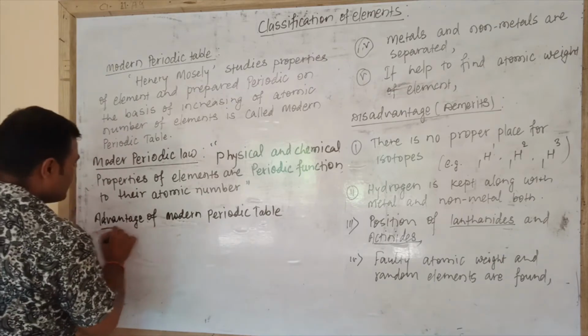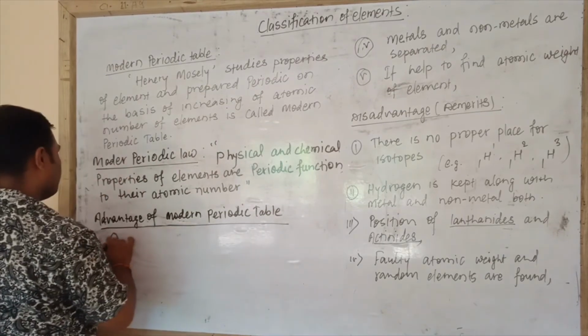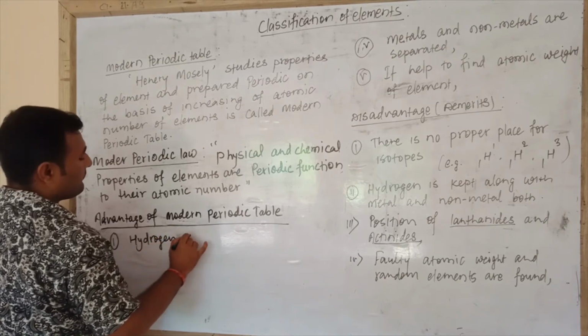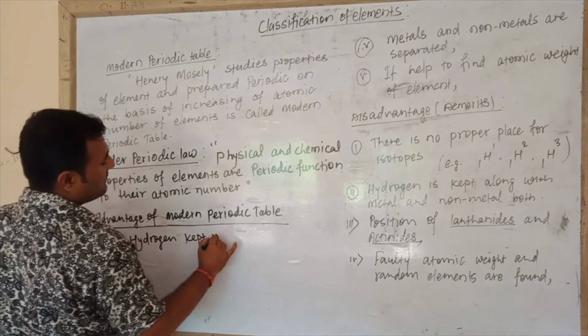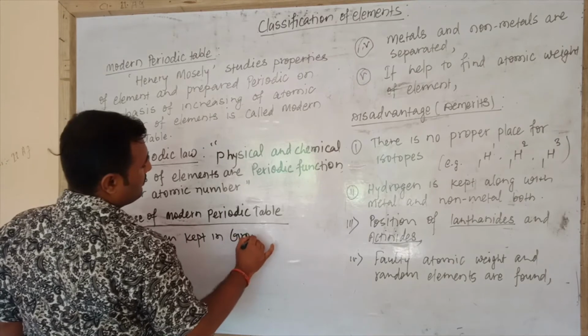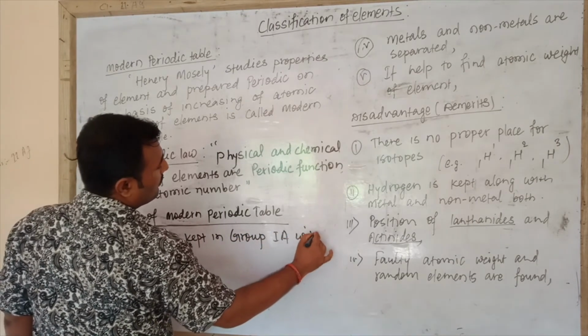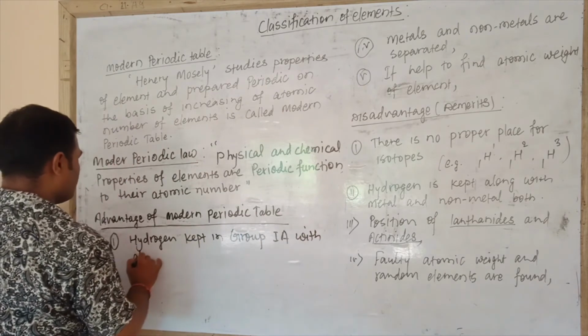And what are these advantages? First, hydrogen is kept in group IA with alkali metals.